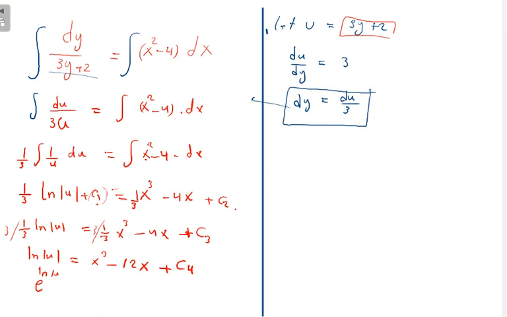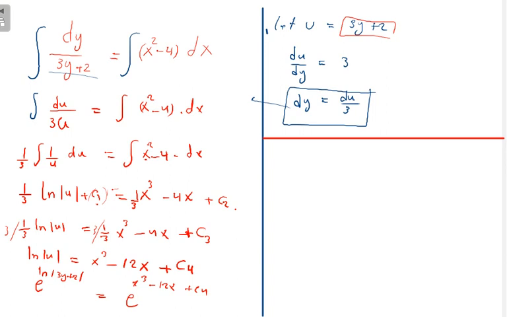Now for ln absolute value of u, I will take the exponential of both sides. Now let's substitute the value of u again: ln absolute value of 3y plus 2 equals the exponential of x cubed minus 12x plus c4. Let's proceed.